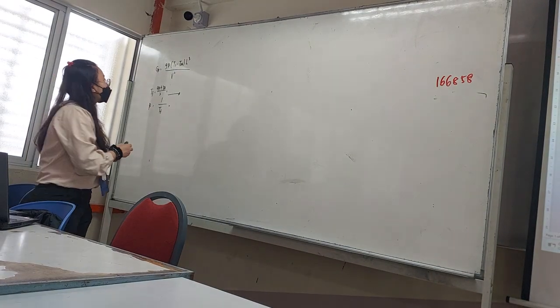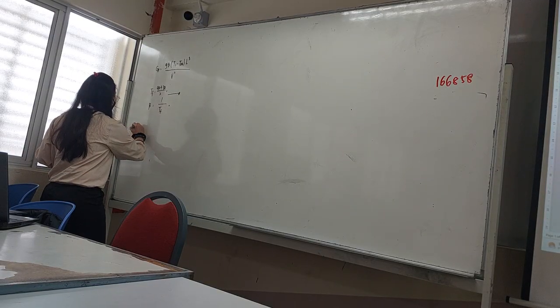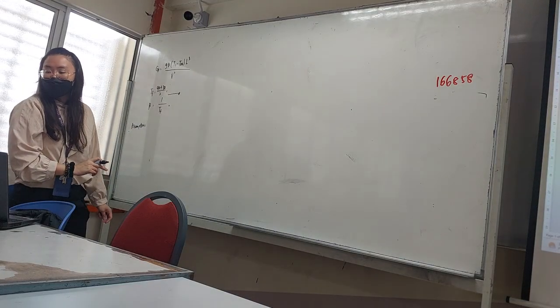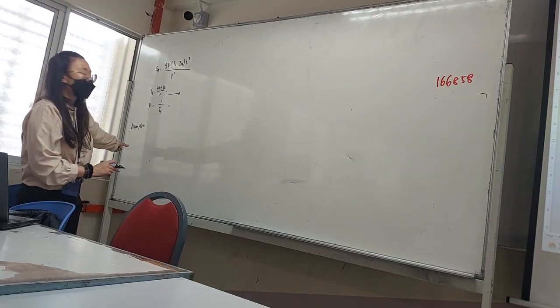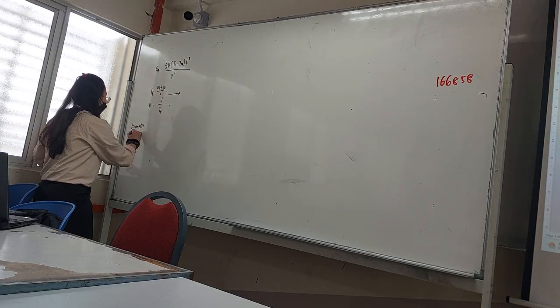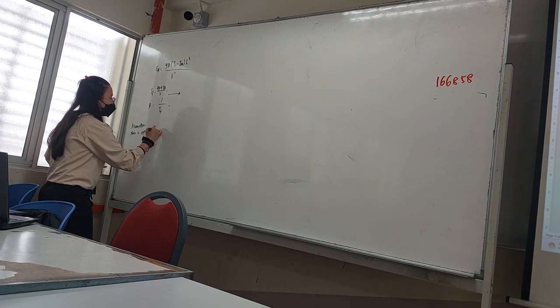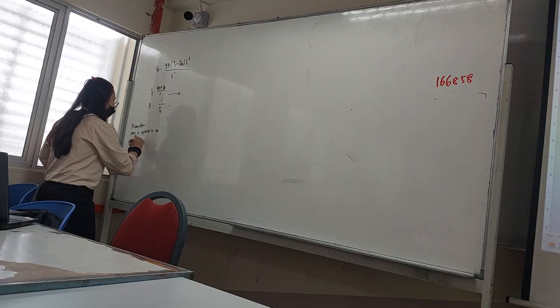Okay, assumptions. In this topic, for the assumptions, you're going to see the pressure. Because this is natural convection, you make the assumption that the plate is exposed to the air. Because the question doesn't mention, so we assume it's exposed to the air. So the pressure is at 1 atm.